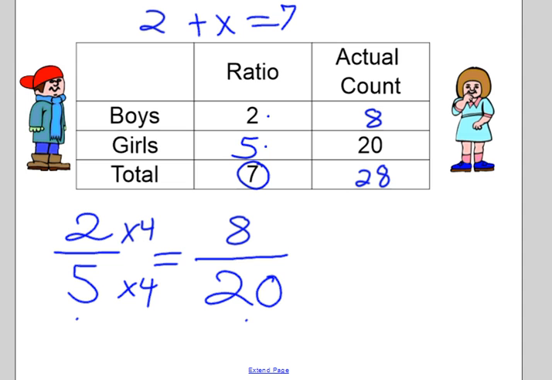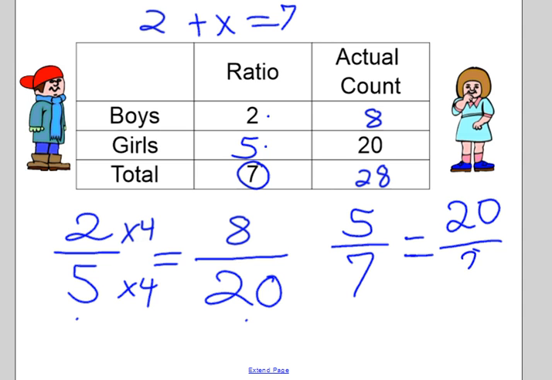I could even mix this up: 5 over 7 is equal to, but now I have to have the same ideas, 20, because 5 goes with 20, over the unknown. Before we had an unknown of 28, but if we're double checking our work, we're going to be multiplying times 4, and of course, we're going to very easily agree that yes, this is 28, just like that.